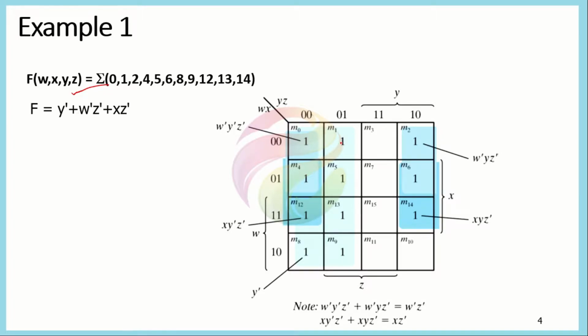The maximum possible square for a 4 input term is a combination of 16 adjacent ones, which is not possible because you can see that there are some empty spaces here. There are zeros here, so we cannot combine them. So to represent the next largest square, we need to consider 8 adjacent ones.